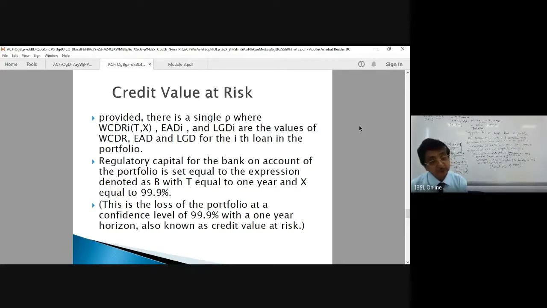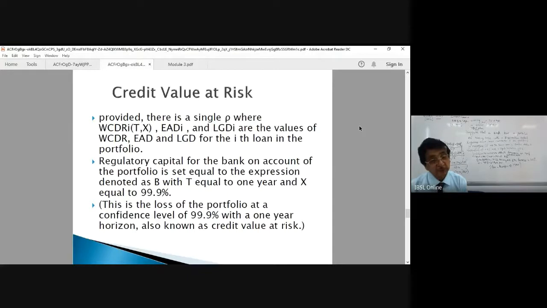And not only that, that particular person has to have a good idea about the rating profiles of the portfolio loans. As I told you, I think you have a confusion with regard to the probability of default.